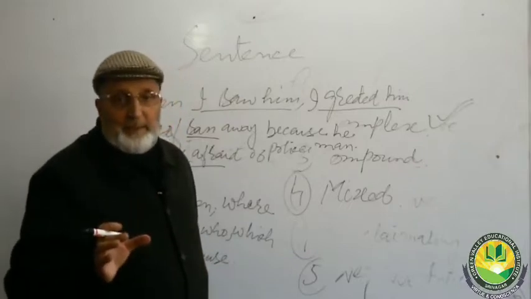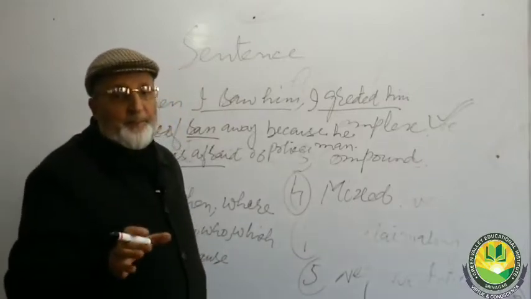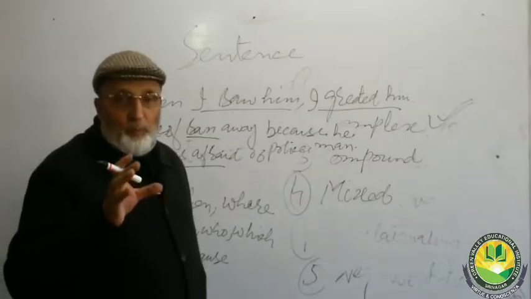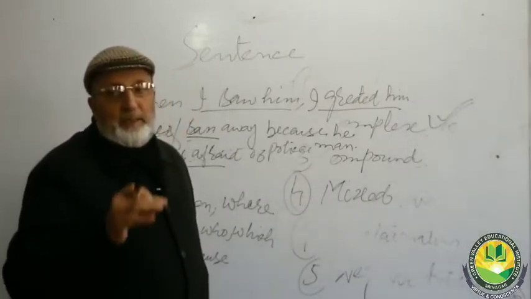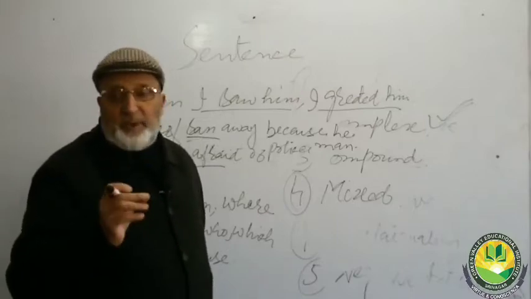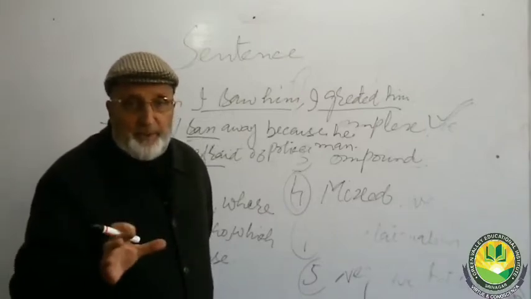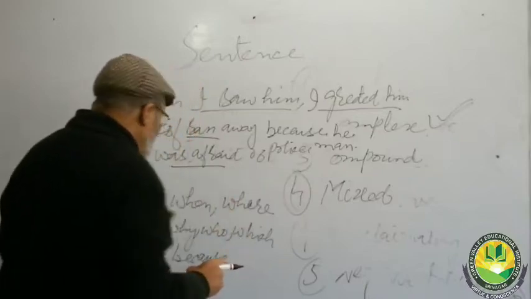So a complex sentence is the one that uses more than one verb, each forming a clause, and the different clauses are joined together with the help of connectives. Connectives, I have given a list of them.